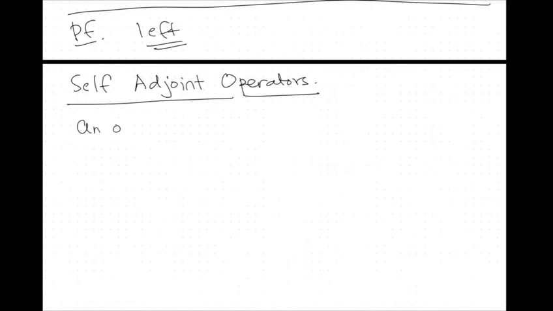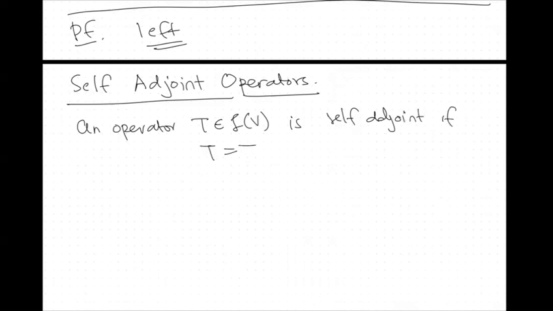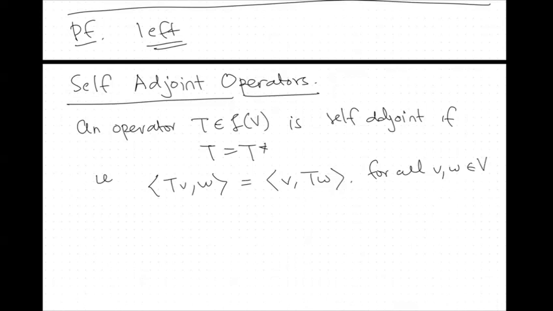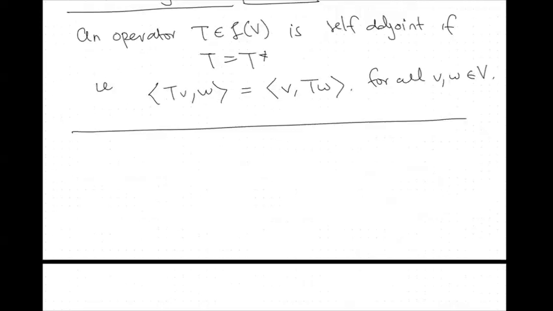An operator T in L(V) is self-adjoint if T is equal to T star. In other words, <Tv, w> is equal to <v, Tw> for all v and w in V. Okay.